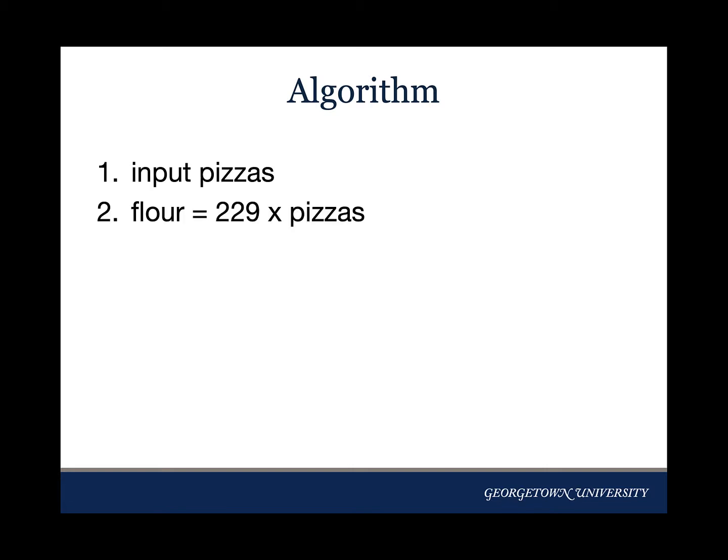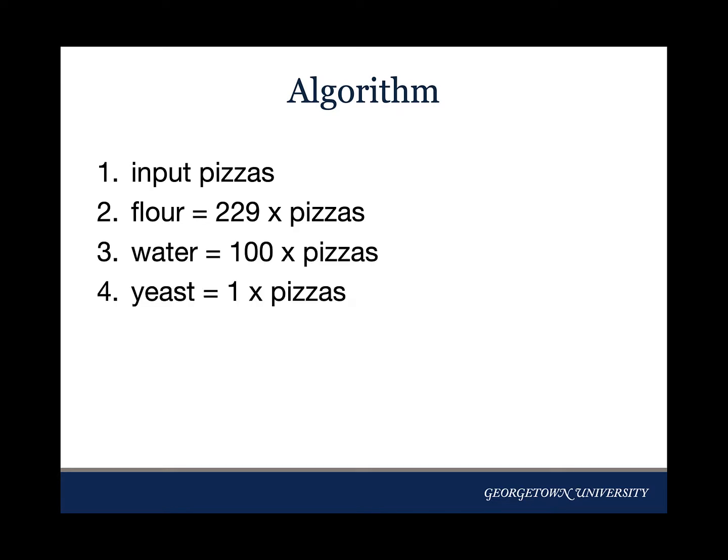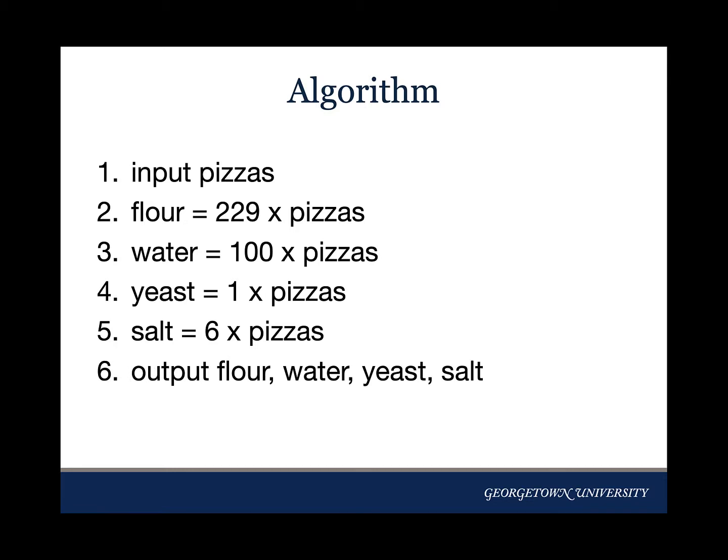And now I can calculate the amount of flour, which is 229 grams, times the number of pizzas I want to make. And you can see that I'm using some informal mathematical notation here to express my algorithm. And once I have calculated the 4 quantities, then I can output those quantities: flour, yeast, salt, and water.